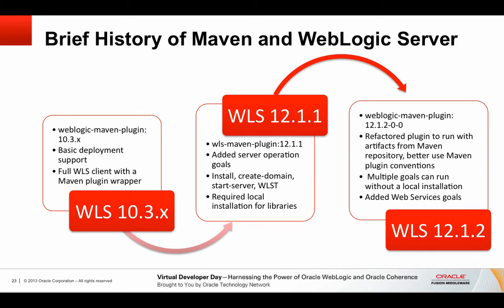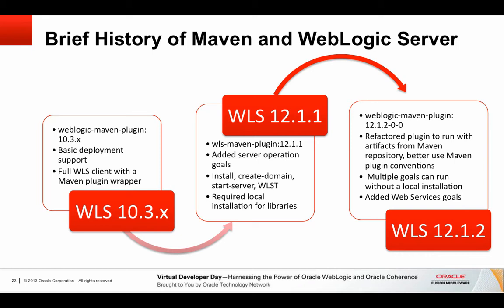Most of the goals in this release can run from the repository, so mostly the deployment-related operations. We still provide support for the construction, the installation goals, so install, create domain, WLST, etc. Those things still have a reliance on a local WebLogic server installation, so that's an optional configuration you can supply. We've also added some web services goals to this release.